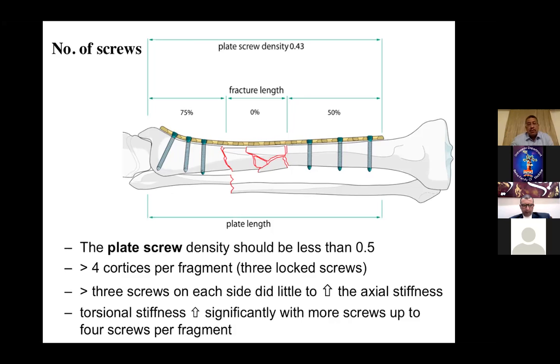You need more screws. More than 3 locked screws will not increase the axial stiffness of the plate. They may increase the torsional stiffness if you have 4 screws. But 3 locked screws in each fragment, especially in good quality bone, are good for fixation.